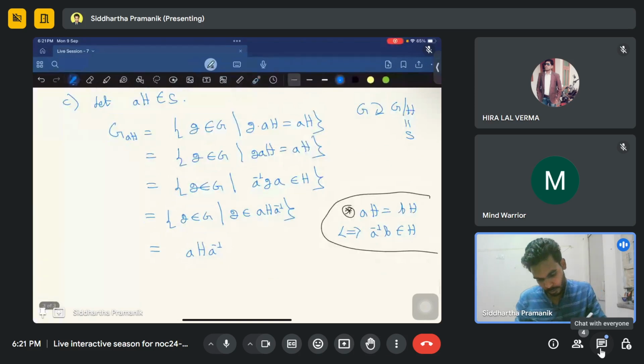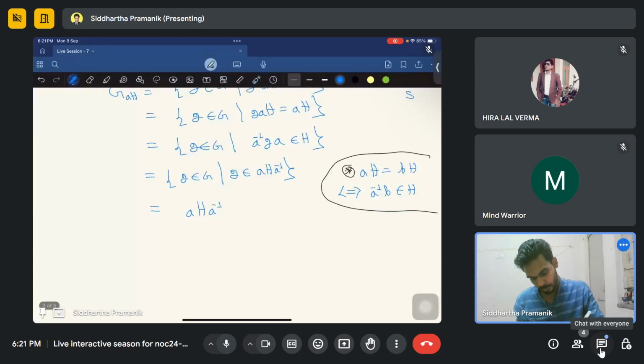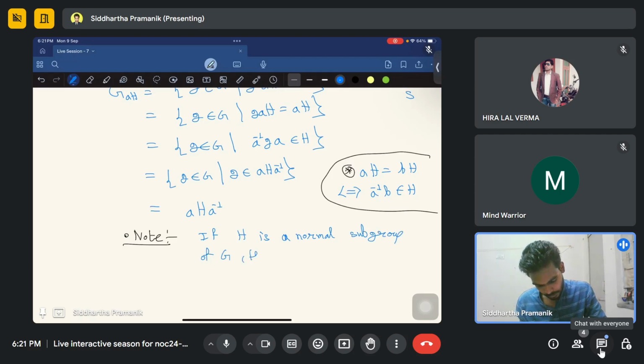So one thing you can note is that if H is a normal subgroup of G, then this conjugate is equal to H. Just one minute.